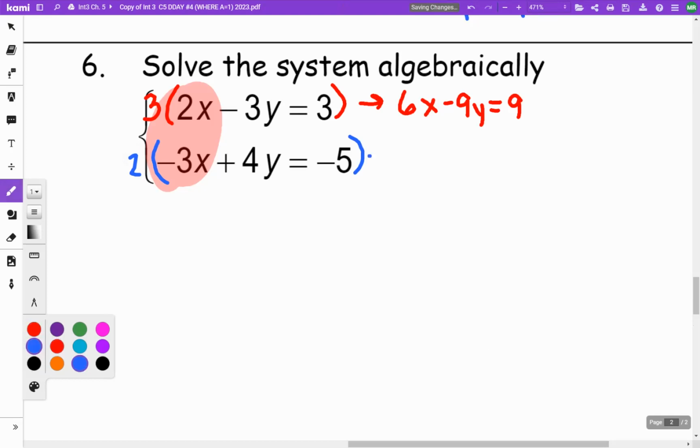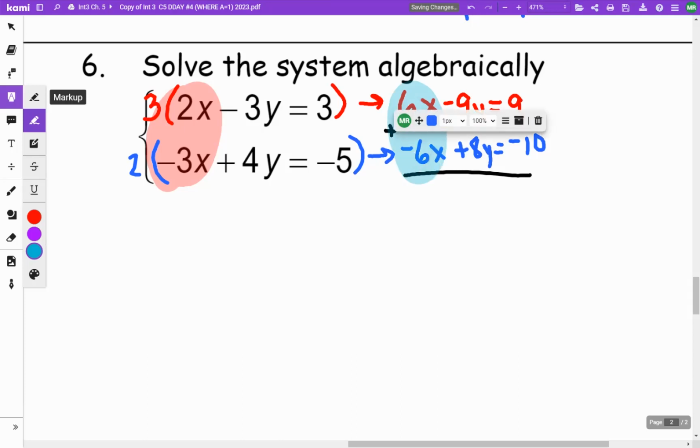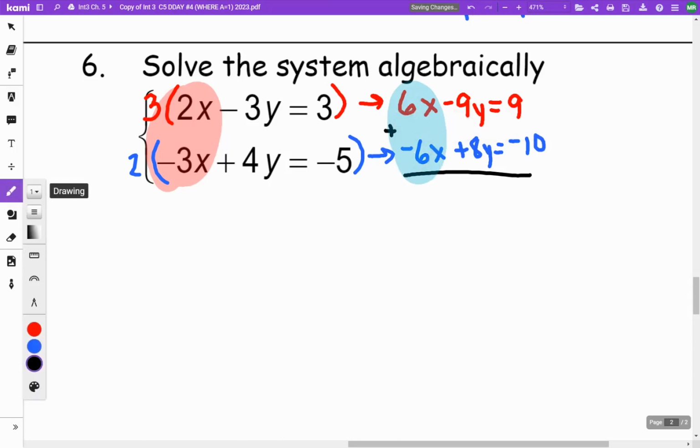When I multiply the bottom by 2, I get a negative 6x plus 8y is equal to a negative 10. I'm going to add these two equations together. Notice that my x's are going to eliminate. Okay, so I end up with a negative y is equal to a negative 1. So y is equal to 1.